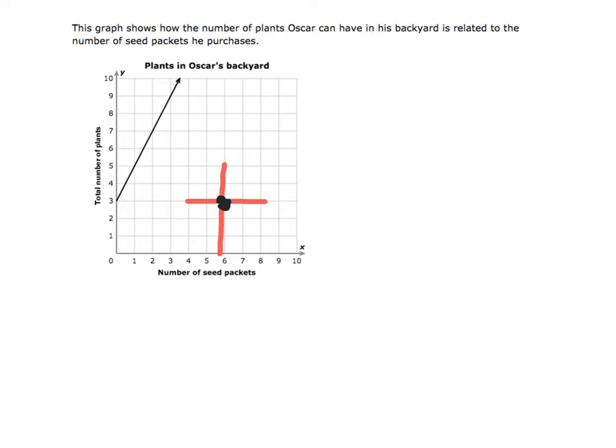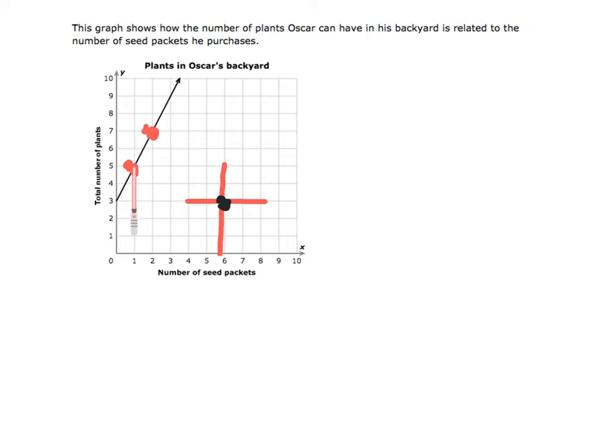When I look at this black line, I want to look at where it goes through intersections, and that will help me figure out how much my line is going up versus how much it's going over, and thus get my rate of change. Here's an intersection and here's another, so let's figure out how much change happened between those two intersections.